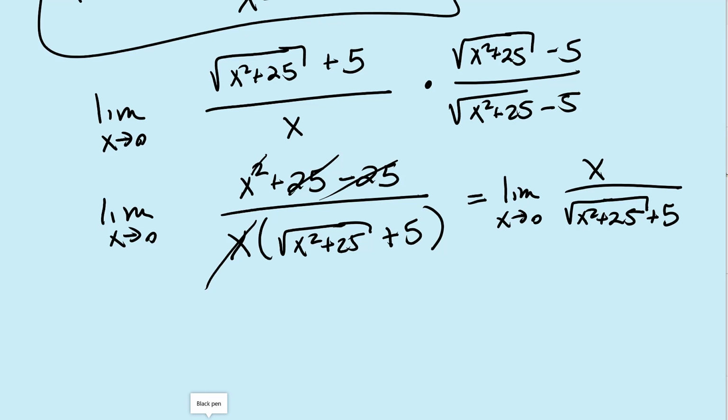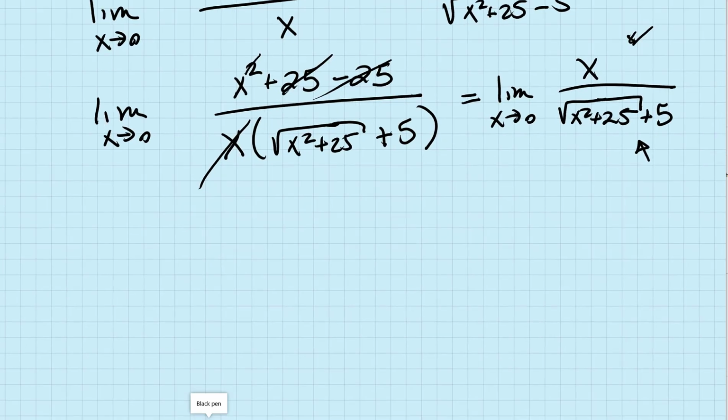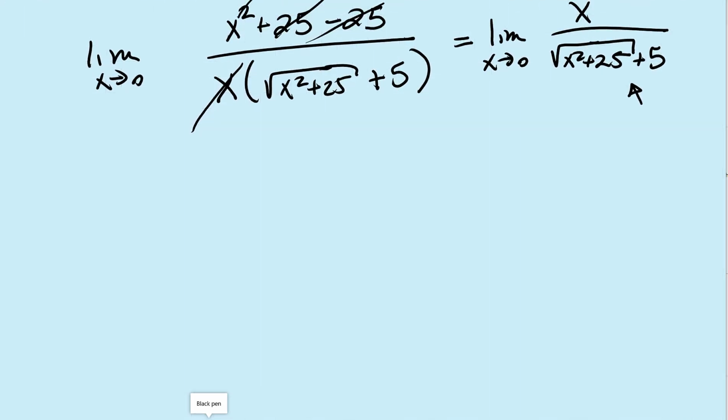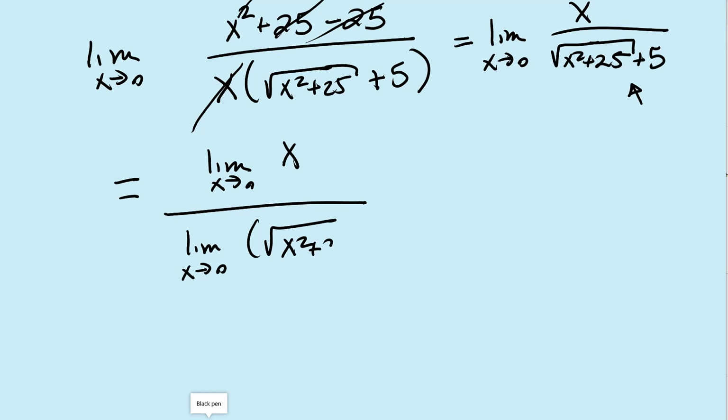So now what happens when we take x to 0? Now the limit has to apply to both the top and the bottom of our fraction, and again, we have a rule for that. We can say that the limit as x goes to 0 equals the limit x goes to 0 of x divided by the limit x goes to 0 of square root x squared plus 25 plus 5.